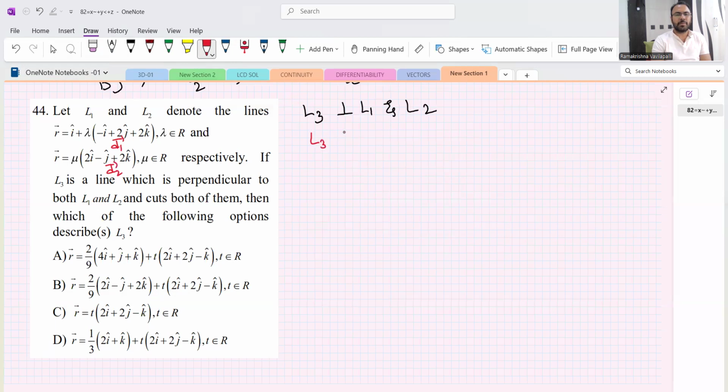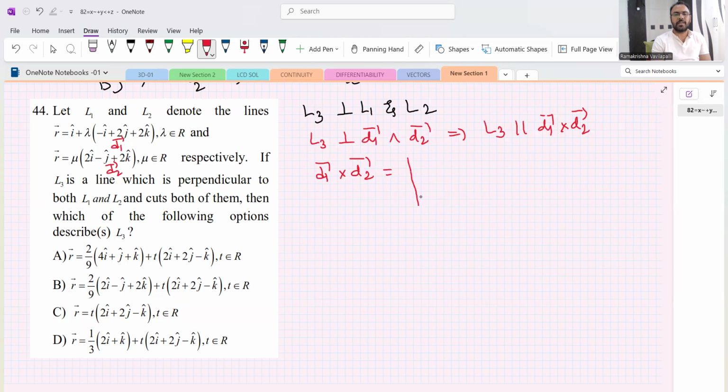Now L3 is perpendicular to D1 bar and D2 bar, which implies L3 is parallel to D1 bar cross D2 bar. So what are the DRs of L3? So what is D1 bar cross D2 bar?